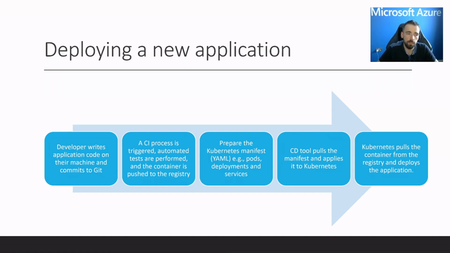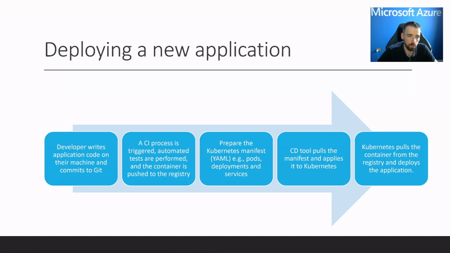When we merge it into main, a CI process might be triggered that automates tests. And once all those tests complete and it's been approved with any gates or manual approvals, the container is pushed to a container registry. We would then need to prepare the manifest files, which is a YAML file that allows us to describe the application deployment and the use of Kubernetes components, such as pods, deployments, and services.